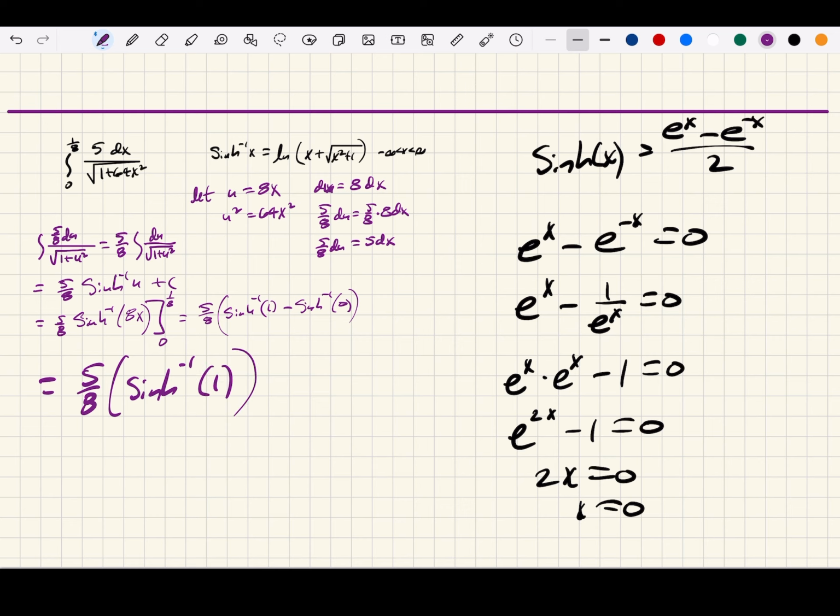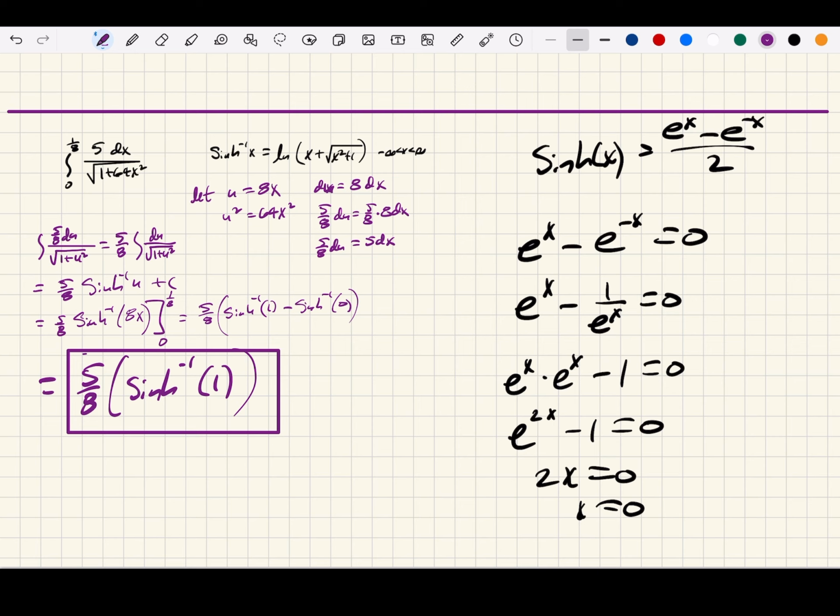Okay, well, what about inverse hyperbolic sine of 1? Now, this is the answer that you're going to have in the Pearson MyLabs, because you're going to put two answers in there. You're going to put the inverse hyperbolic sine form, and then you're going to put the log form.